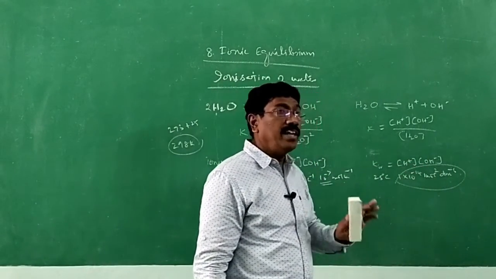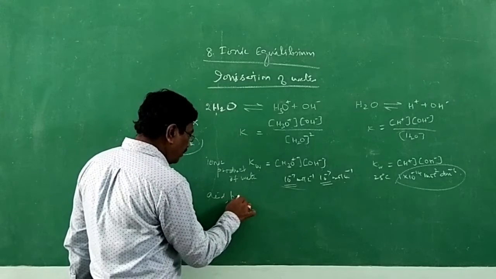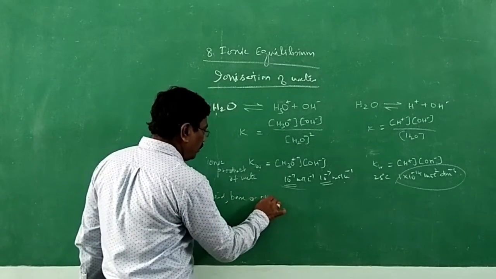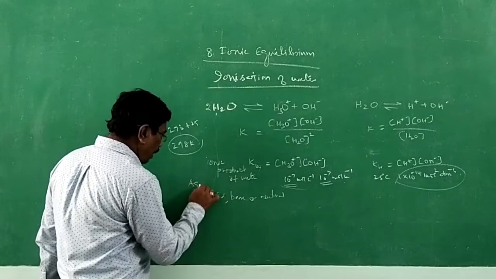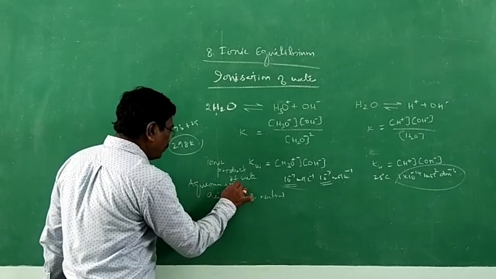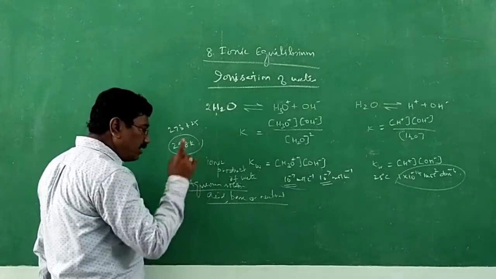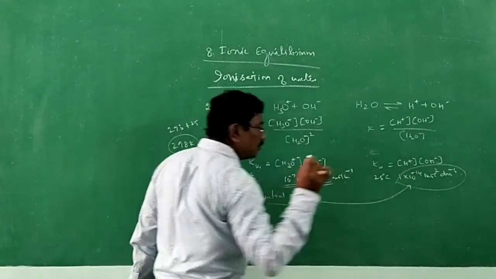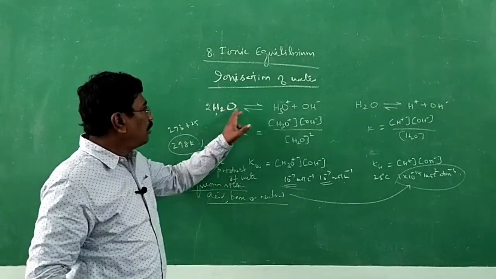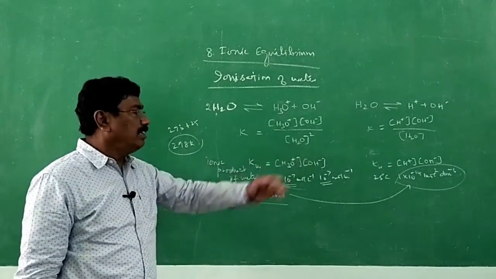Any aqueous solution, maybe acid, base, or neutral solution. If it happens to be an aqueous solution, the product of the concentrations of hydrogen ion and hydroxide ion, in acid solution, basic solution or neutral solution, is found to be this much. How? Earlier we were talking about ionization of water. Now I am saying acid, base or neutral, anything will have it.